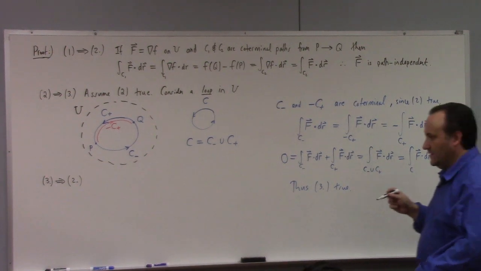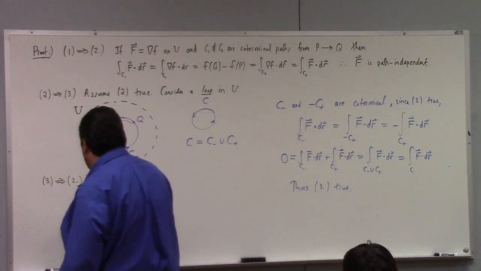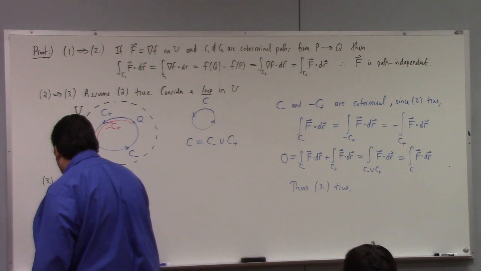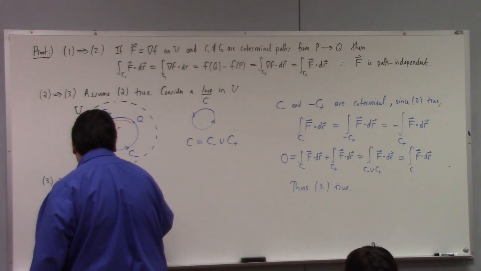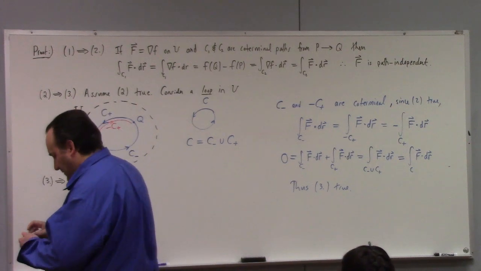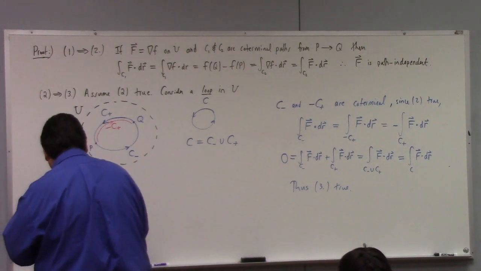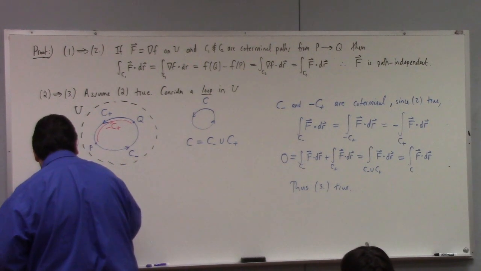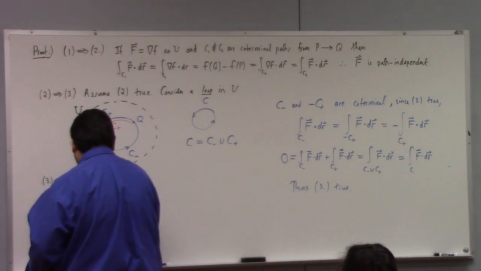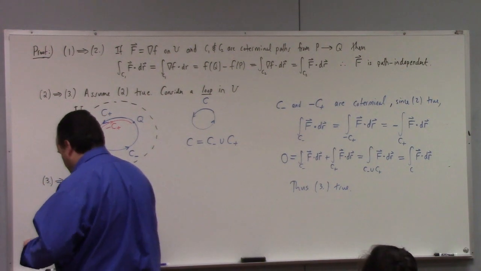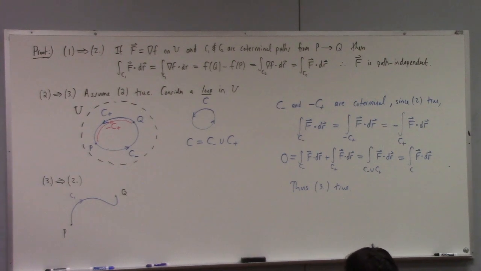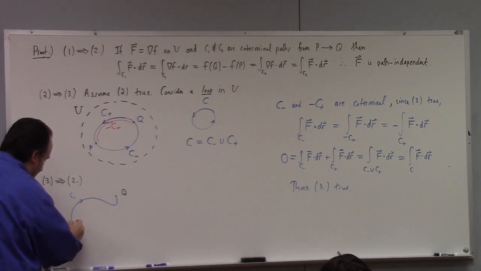The picture could look like this. If I have two coterminal paths, a point P and a point Q, I'll do the one in blue. It could look like that, right? This could be C1. And maybe C2 looks like this.